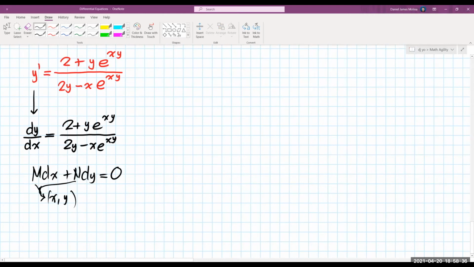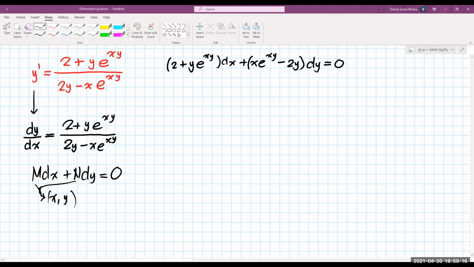Unlike the variable separable case a while ago, where M is in terms of x and N is in terms of y, this time both M and N are in terms of x and y. So by simple algebra, we have 2 plus y e raised to xy dx plus x e raised to xy minus 2y dy is equal to 0.